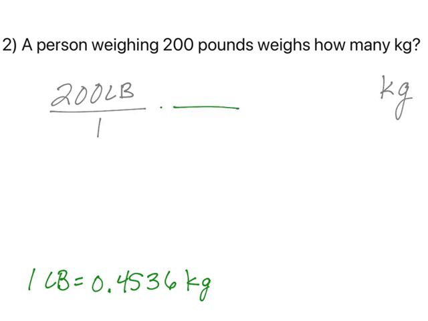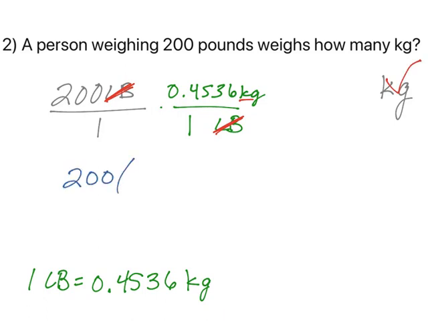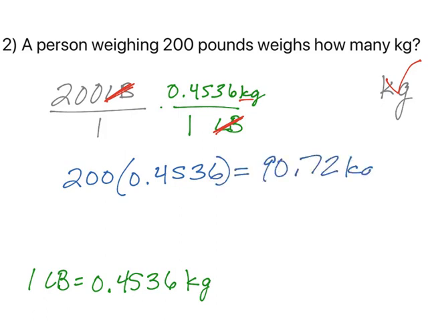So in my next ratio, think about which goes in which position. Well, I have pounds in the numerator, so I'm going to put pounds in the denominator. So 1 pound and then 0.4536 kilograms goes in the numerator. My pounds cancel out. My units are where I want them to be, so now I can multiply. 200 times 0.4536, and that gives me 90.72 kilograms.